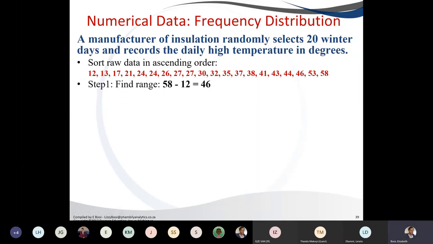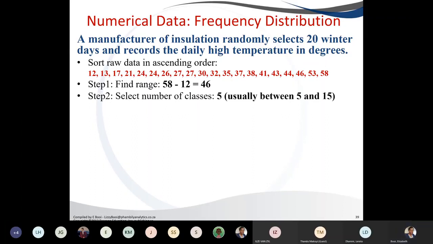The first step of creating a frequency distribution table is to calculate the range. We dealt with the range, highest minus lowest, 58 minus 12, which is 46. Then we select the number of classes. We select 5 because we can see that this is not a big data set, there are only 20, so we can select 5.